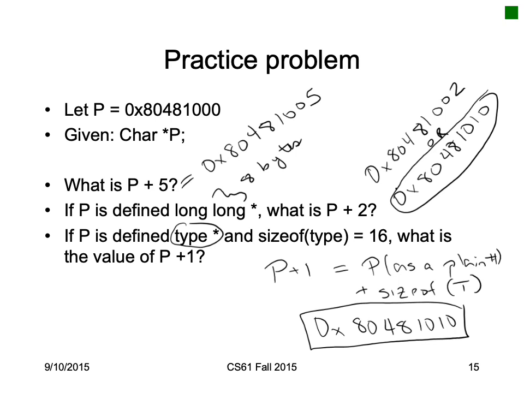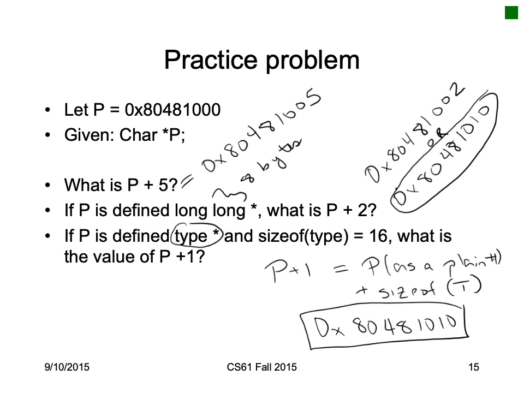Well, the value of p plus 1 is basically going to equal the value of p as a plain number plus the size of T. So it's actually going to be exactly the number we got before, which is 80481010.